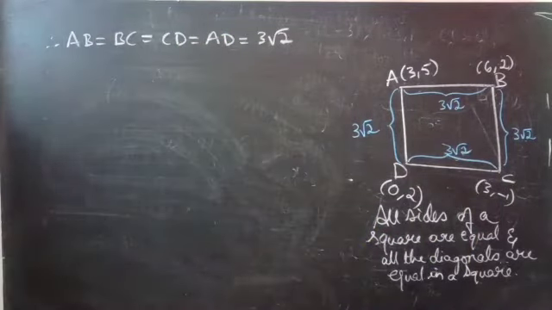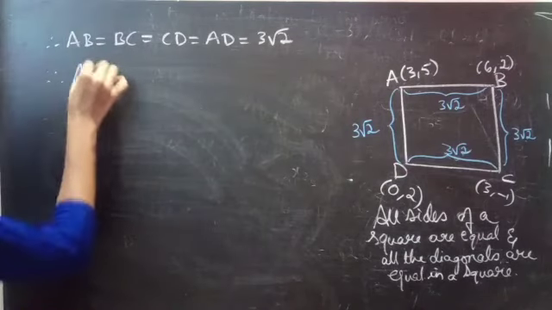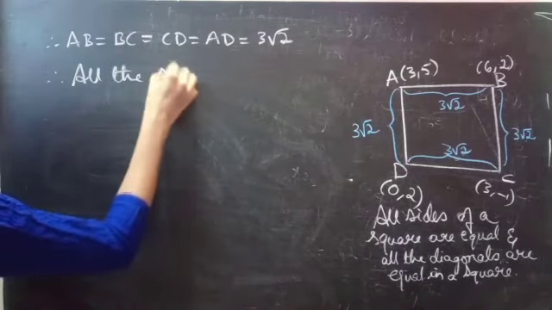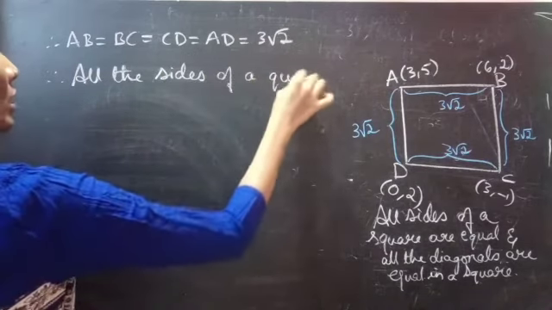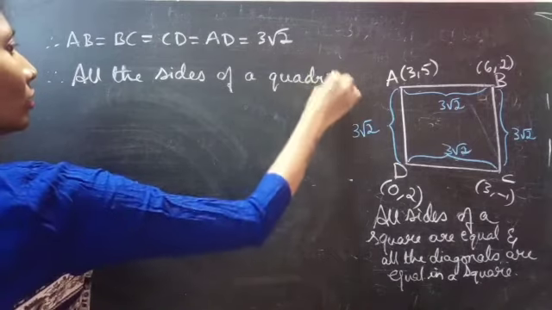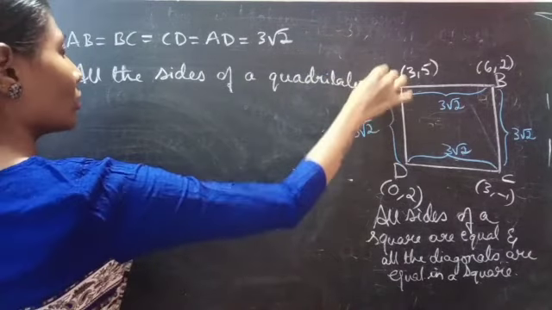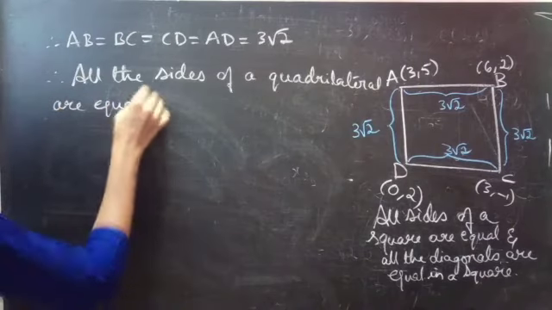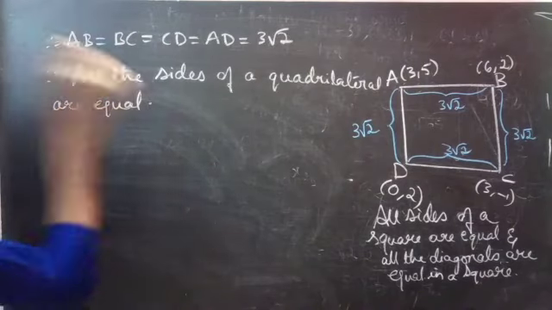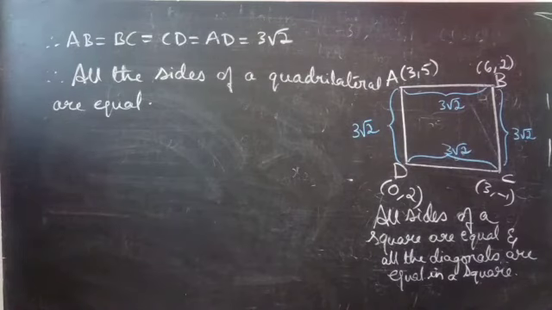We can say that all the sides of the quadrilateral are equal. Now we'll check the diagonals and finally confirm that the given points are vertices of a square.